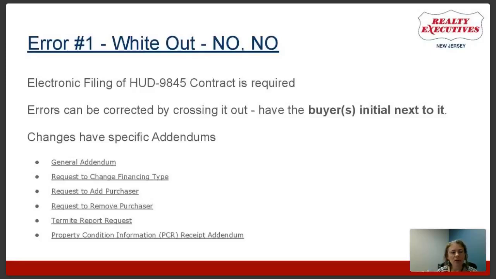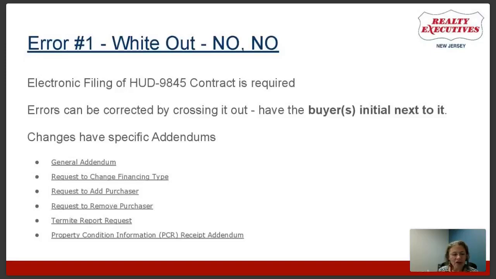For changes to the contract, there are specific addendums provided. A general addendum, for example, would be to correct minor errors such as misspellings of a name or the vesting type, but it cannot be used for any changes to the actual legal terms of the contract.